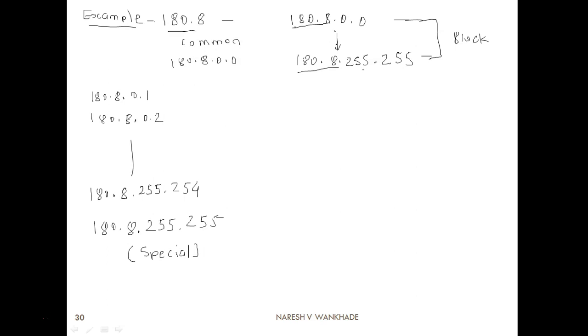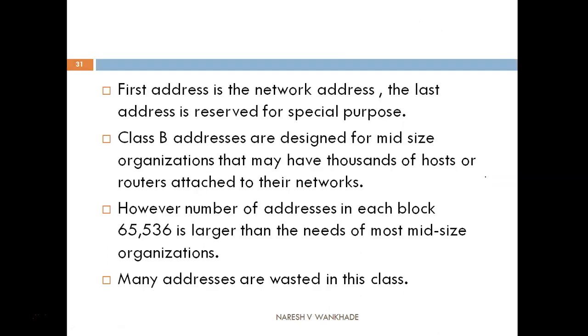This is example of one block that uses network ID 180.8, and there are 16,384 blocks, and for each block there are 65,536 addresses. That is the example of organization that uses network address 180.8. First address is the network address and the last address is reserved for special purpose.